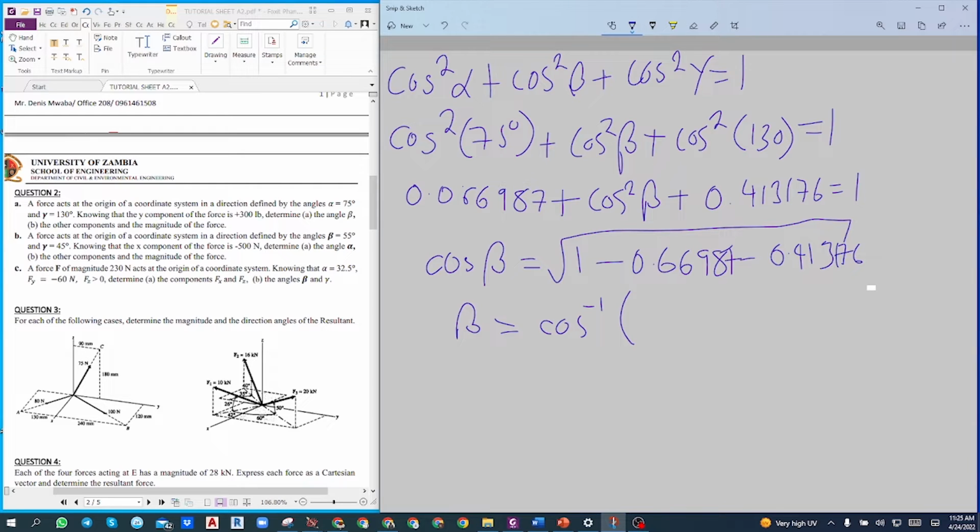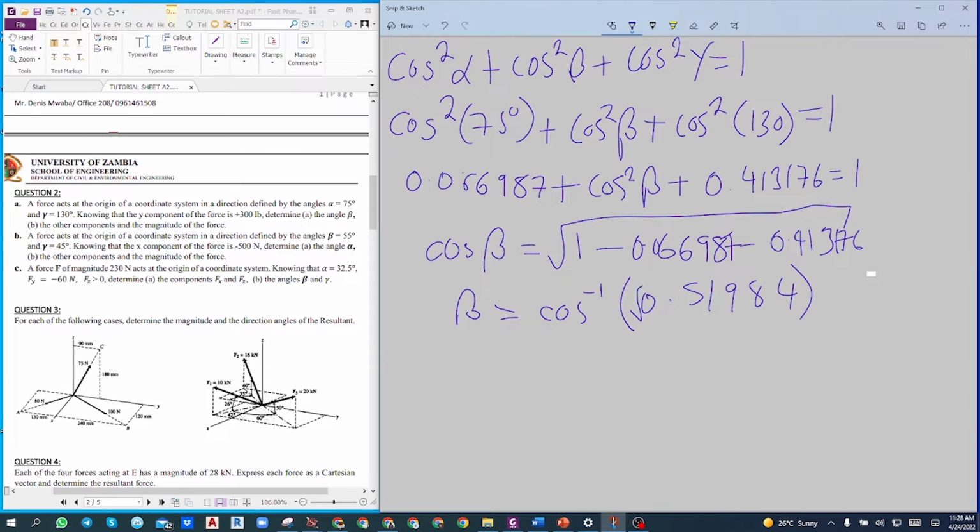So this will be 1 minus something, 0.0. Sorry, this is 0.066981, which is 0.51984. Okay, this is negative.